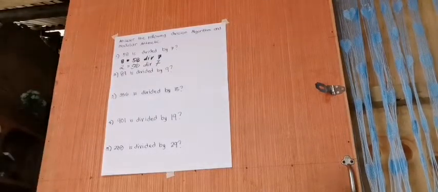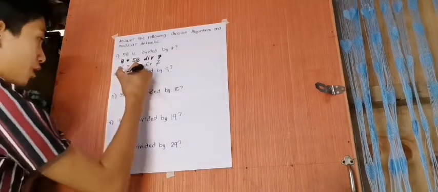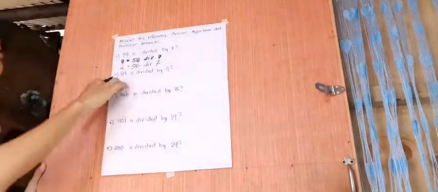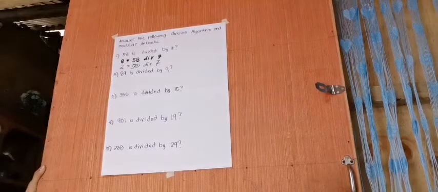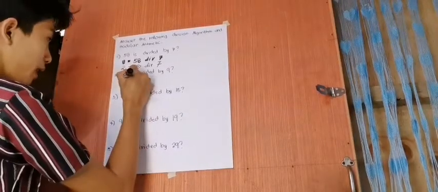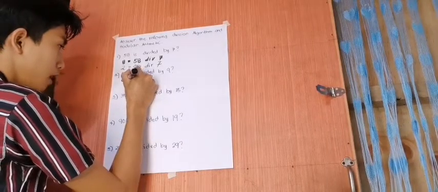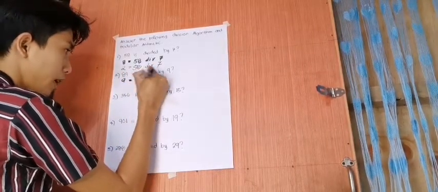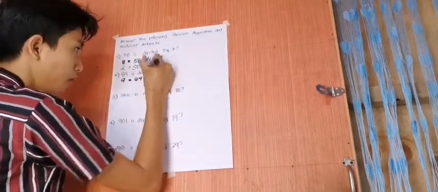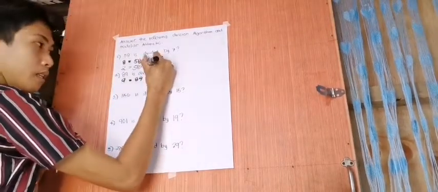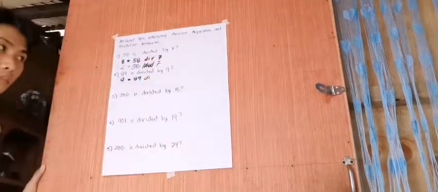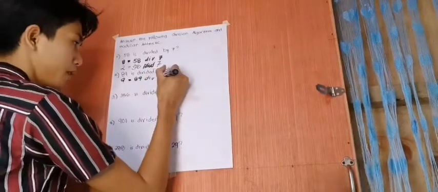So 89 is divided by 9. 89 divided by 9, our answer is 9. So 9 equals 89 div 9. By the way, this is mod, this is div.